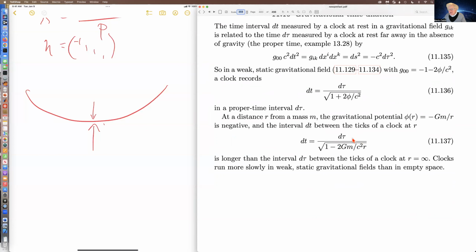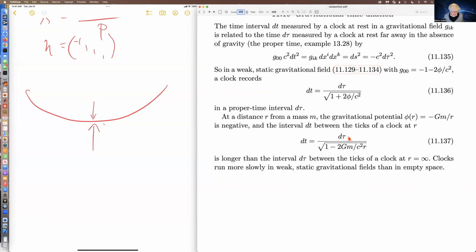Well, now, what does this mean? This means that if you have a clock in a strong gravitational field at rest, the time between ticks is huge compared to the time between ticks in a remote clock, and both clocks at rest, of course. And so the clock at infinity is ticking, tick, tick, tick, tick, tick, and the clock in the strong gravitational field is going tick, tock, tick, tock.